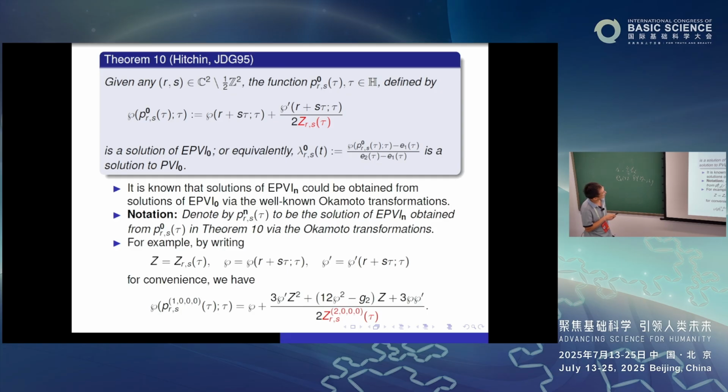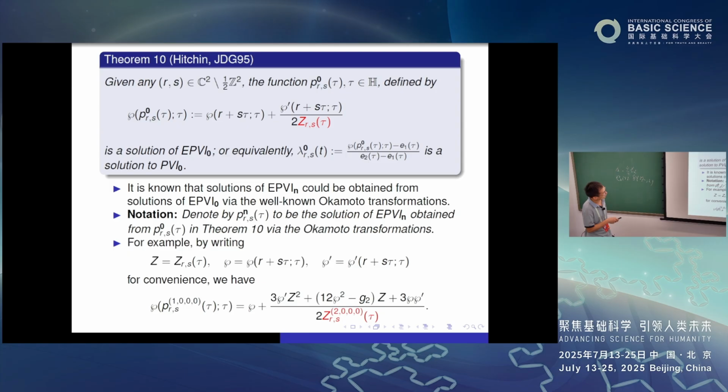He proved that given any RS, we define PRS 0 tau by this formula. Then this PRS tau 0 is a solution of the elliptic Painleve VI equation with parameter 0.